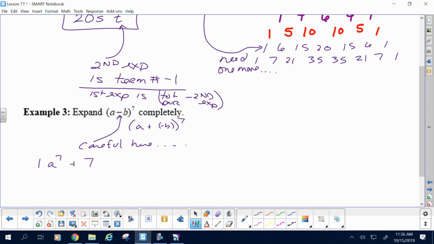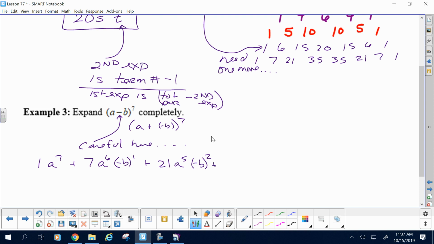And a is to the 6th. The weird part is the next term. It's not b to the 1st, but negative b to the 1st. The third term, what's the coefficient? 21, a to the fifth, and negative b to the second.